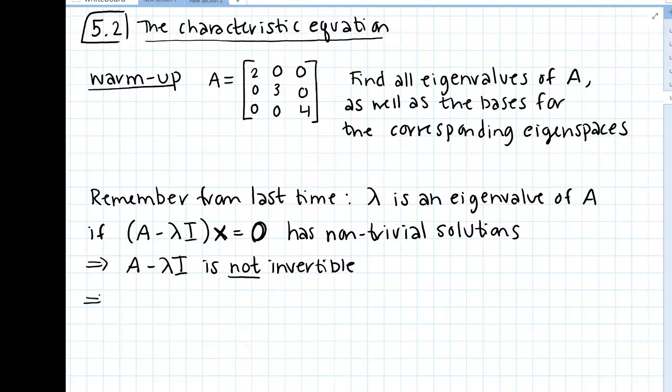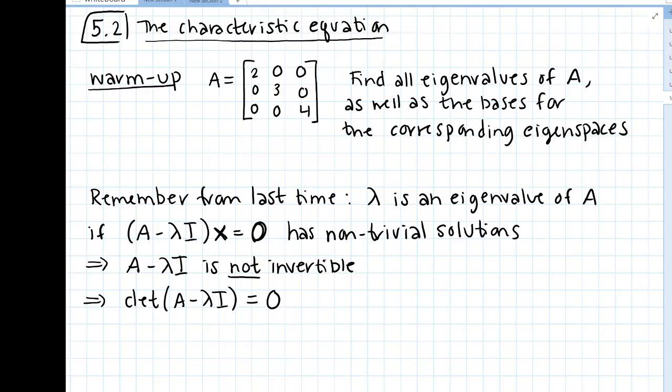And what's kind of the fastest, easiest way to talk about whether something's invertible or not? It's the determinant. So the determinant of A minus lambda I equals 0. And so our typical method for finding the eigenvalues is finding the determinant of your matrix minus lambda times the correct size identity matrix and setting that equal to 0 and solving.